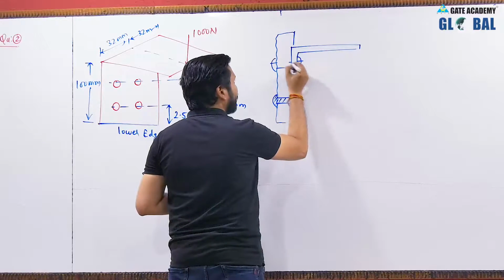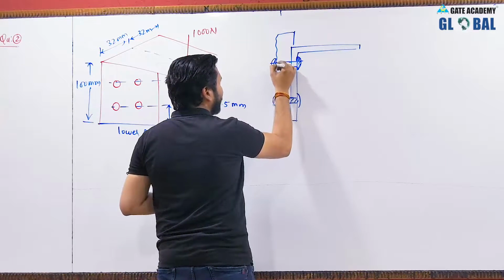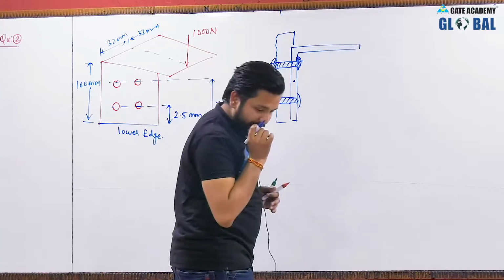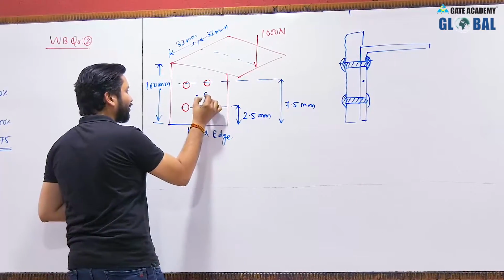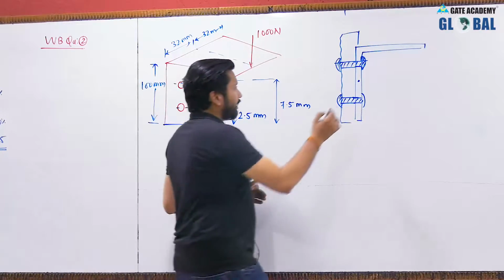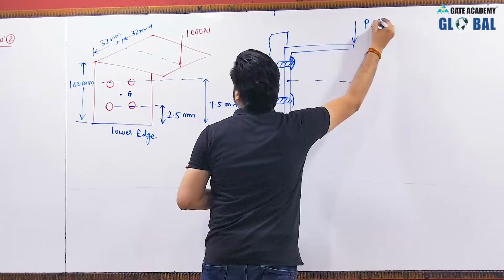Now the rivets are subjected to various types of load. As you can see, this is the centroid. We can calculate the value of the centroid, but there is no need. So just note that this is the centroid of the riveted connection. Now the load is eccentric, this is the load which is equal to 1000 Newton.